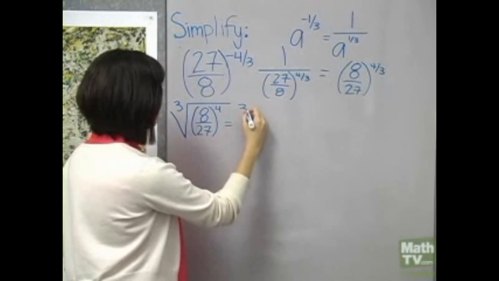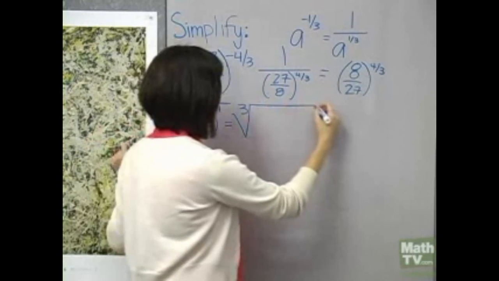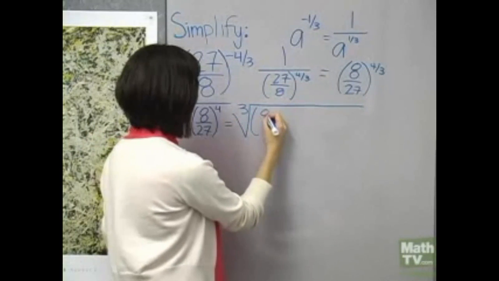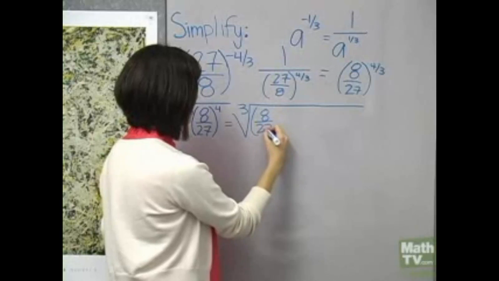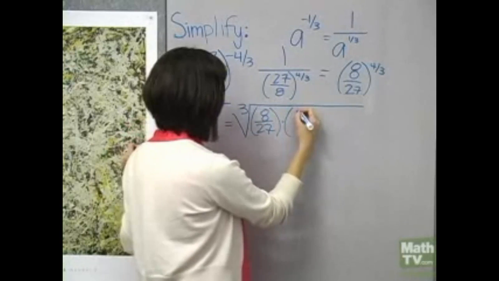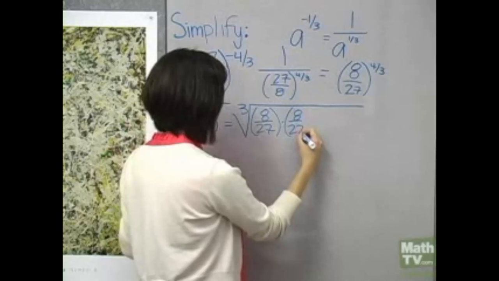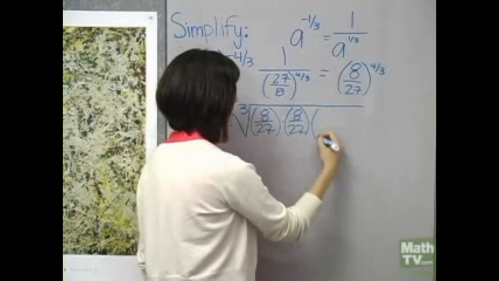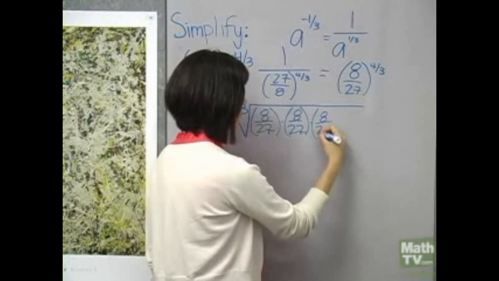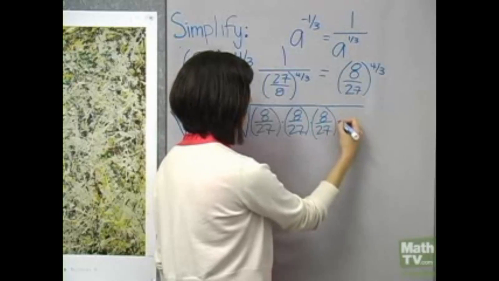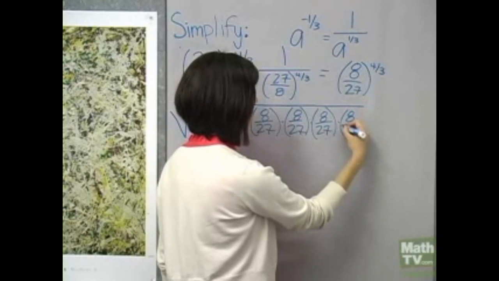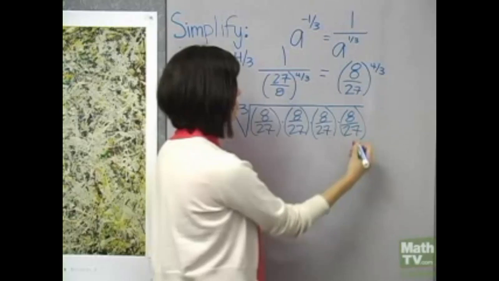This equals the cube root of 8/27 times 8/27 times 8/27 times 8/27. So 8/27 to the 4th power.